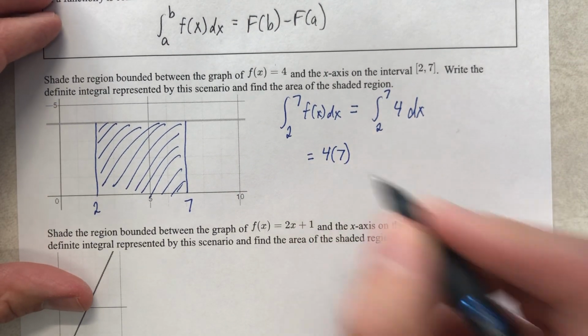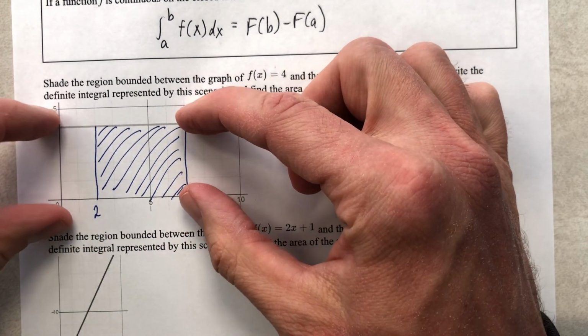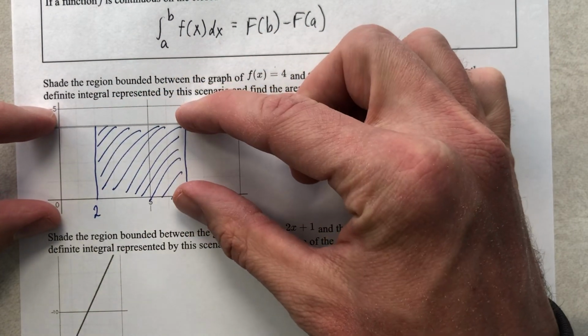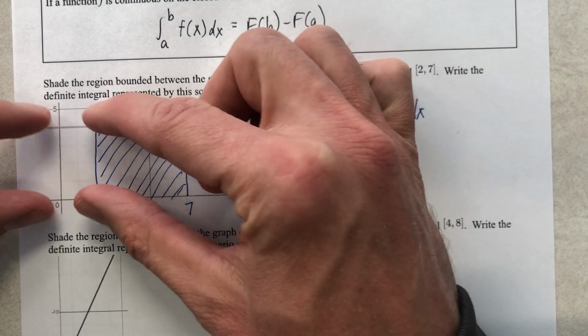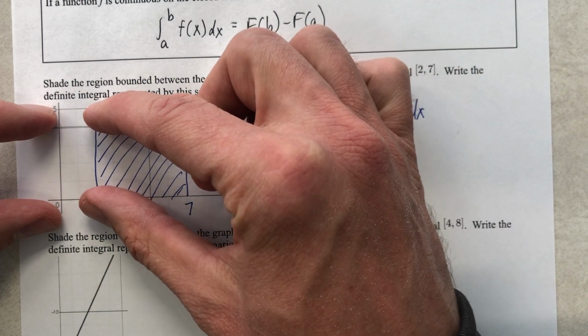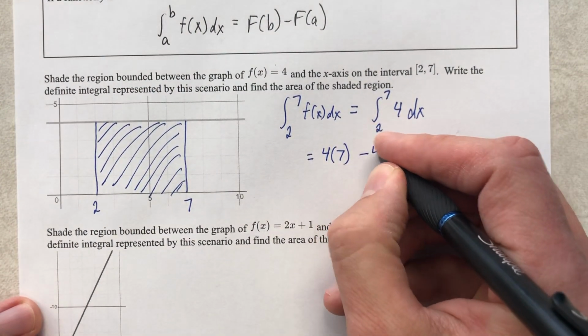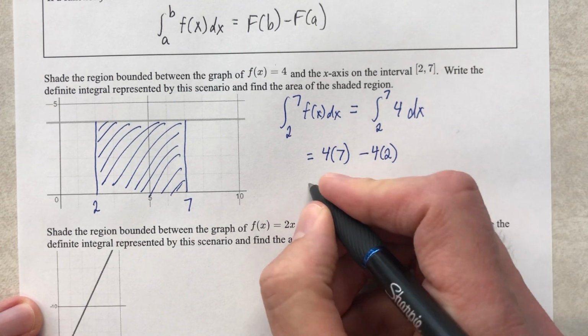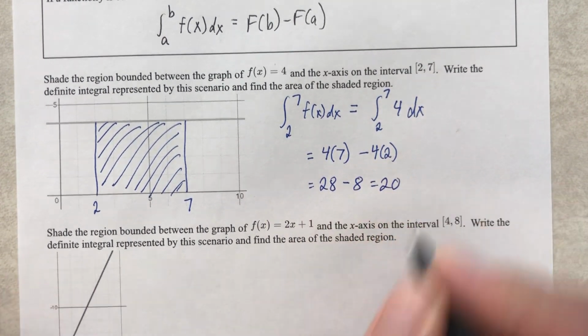You can do 7 times 4 or 4 times 7. I'm going to do 4 times 7. It's slightly strategic. So that would be this whole rectangle right here. Oh my goodness, I've counted too much. Let's take away this part. Let's subtract that. So we're going to subtract 4 times 2, and that's going to give me 28 minus 8, which gives me 20, and nobody is surprised at that.